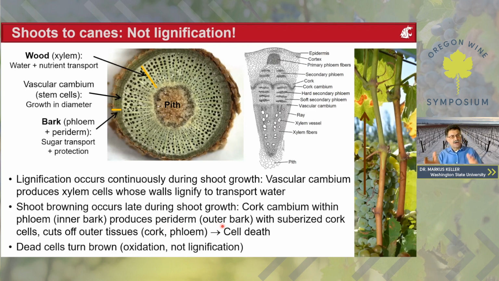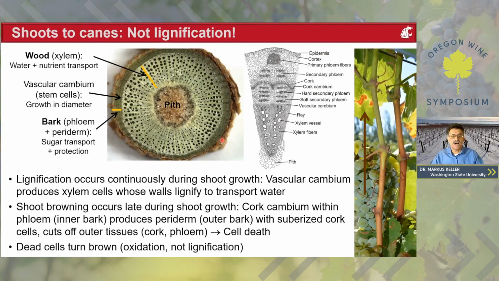So we now distinguish between the phloem in the inner bark. You can see all these dark green tissues here on the outside of the xylem. This is phloem. And then we have this gap where the outer bark is forming. As that bark forms, it is cut off from the interior of the shoot.